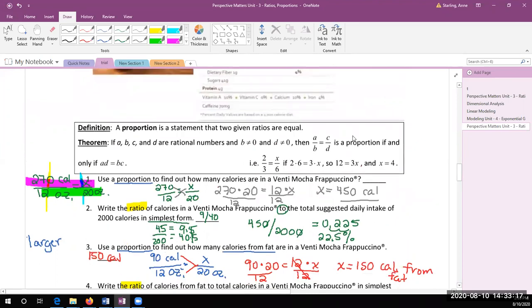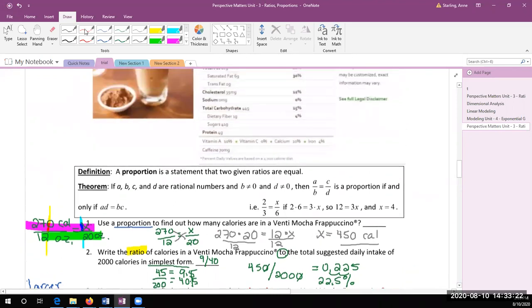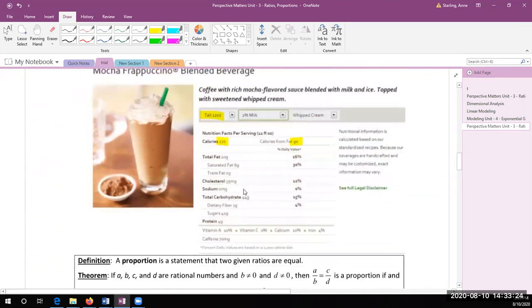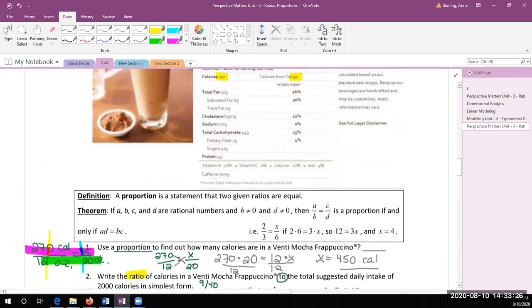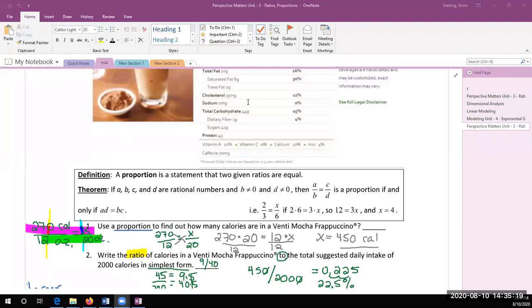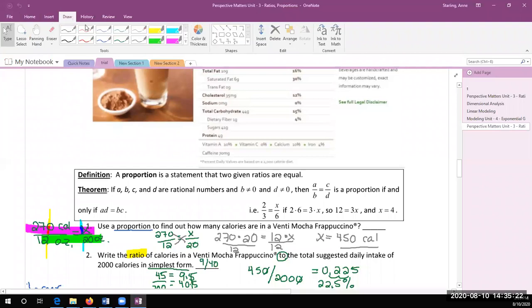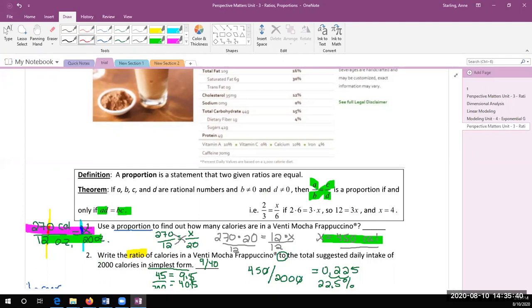If I go back up to this definition, as long as this A times D equals your C times B. If you did it a different way, but have those same numbers, aka you got the same answer, then you're fine. There's multiple ways to set up proportions.